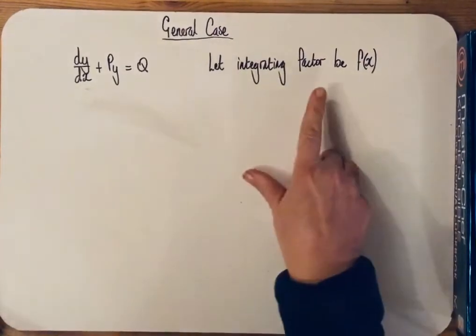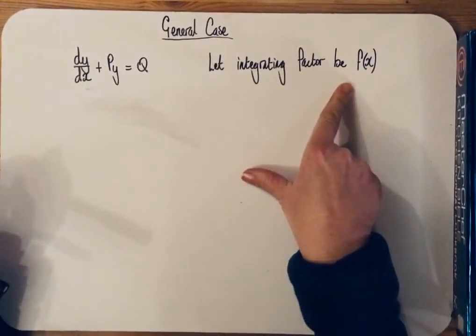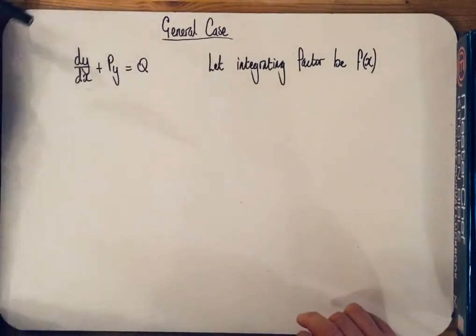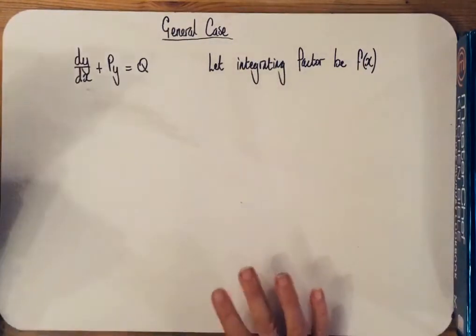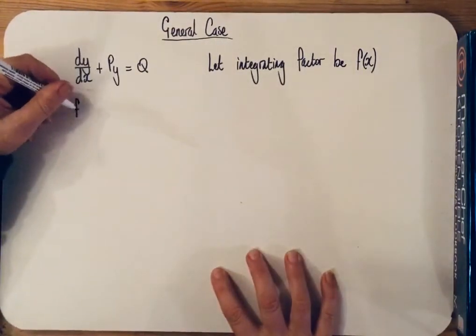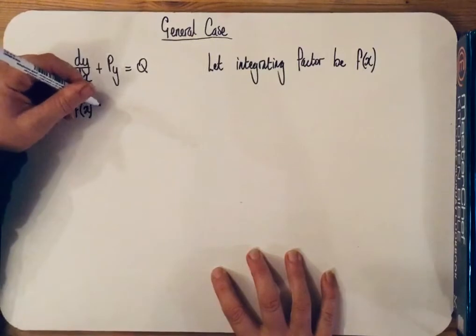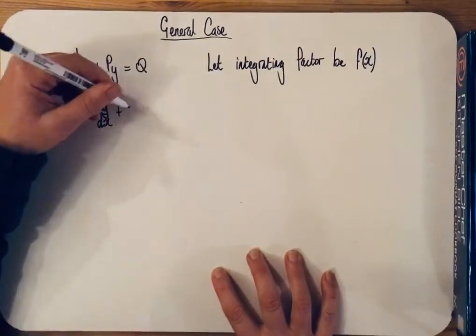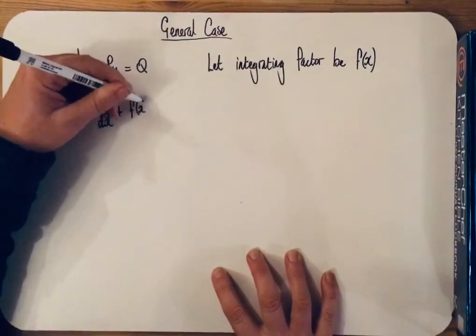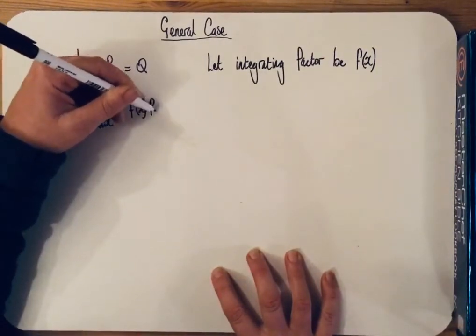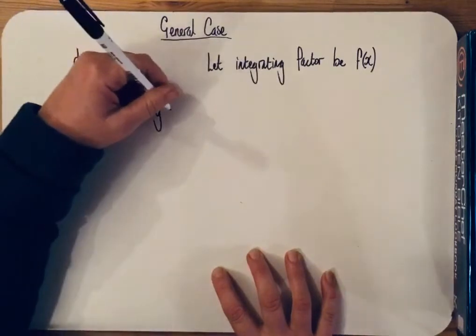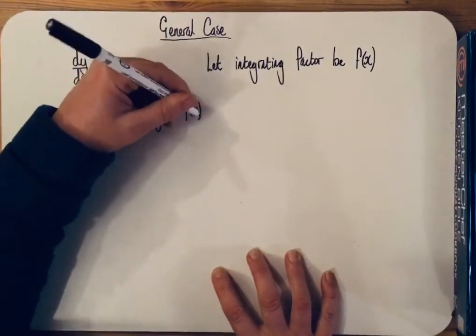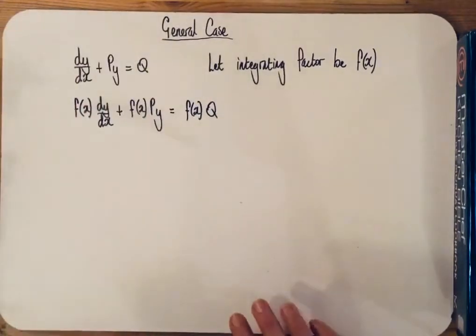I'm going to let my integrating factor be f of x. The first thing I'm going to do is multiply through by the integrating factor. So you get f(x) dy/dx plus f(x) P y, remember P is a function of x, equals f(x) times Q, where Q is a function of x.